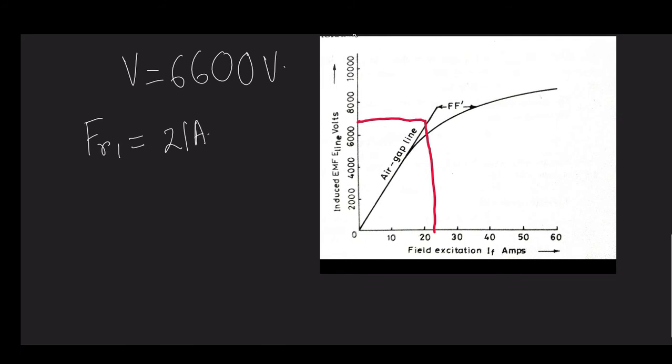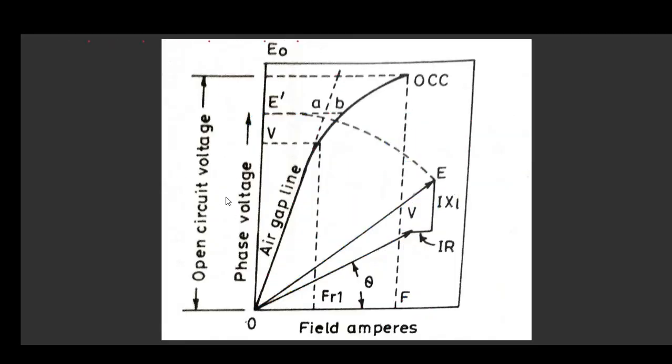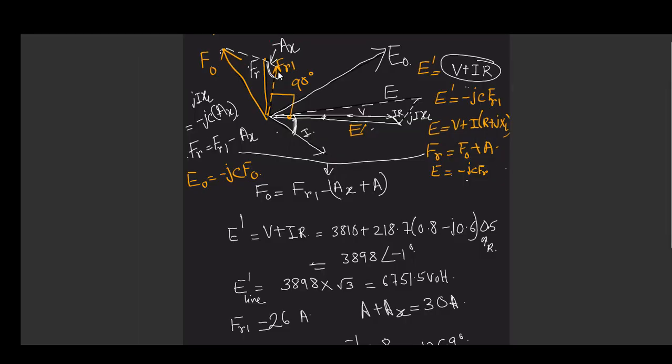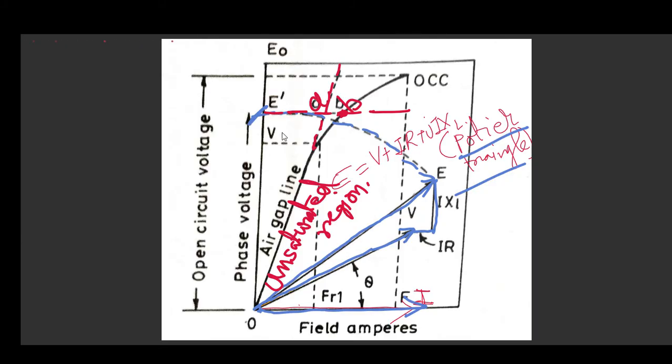What is our FR1? Basically FR1 is responsible for E dash, but as I have mentioned, we will neglect this IR and consider that E dash is approximately equal to V. So FR1 becomes proportional to V. Therefore we got this value.